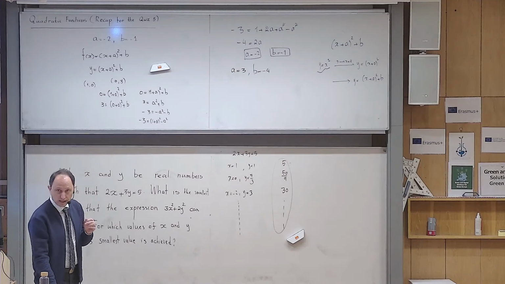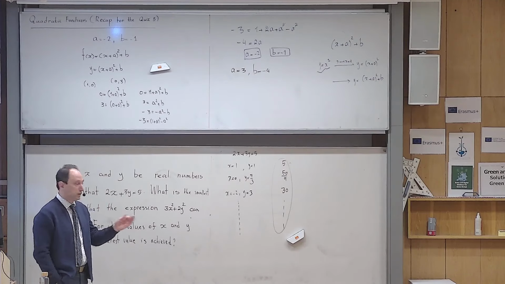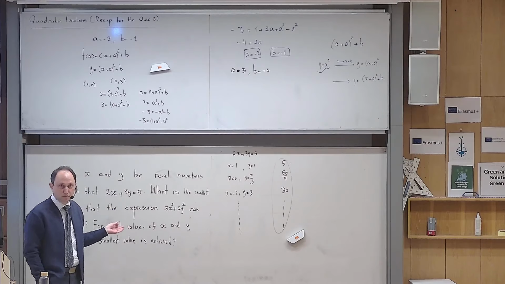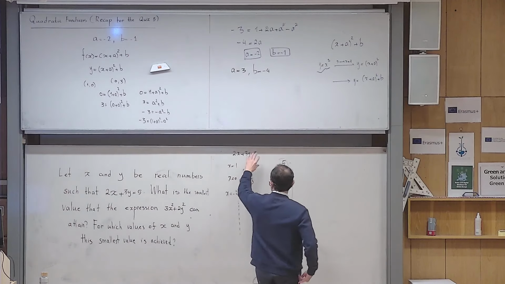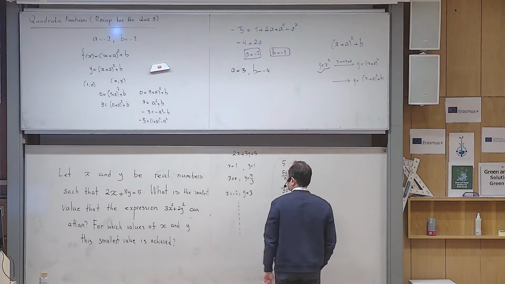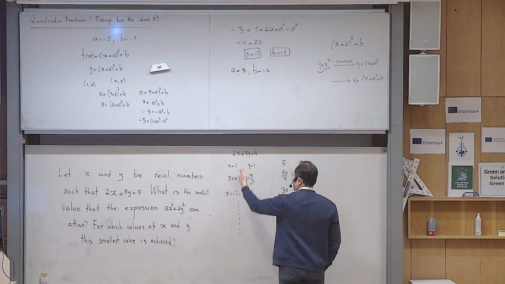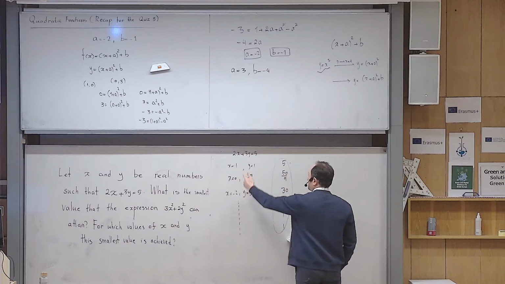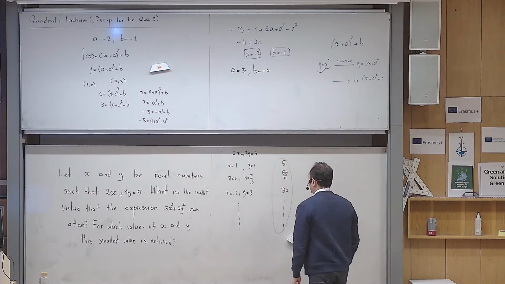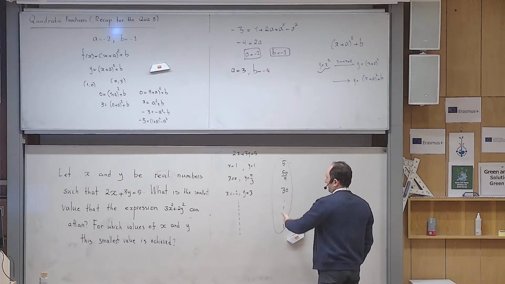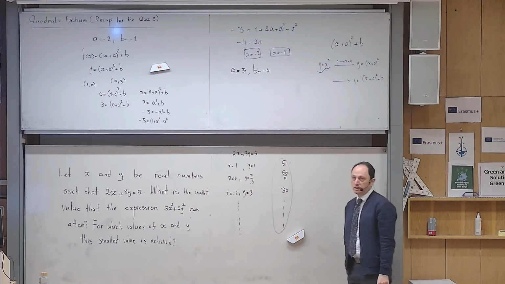I want you to understand, this is a very hard question if you want to do it by trial and error. It is impossible. You understand what I'm saying? Among all pairs that satisfy this equation, each pair gives me a number for this expression. I want to see which number is the minimum possible value in this list.